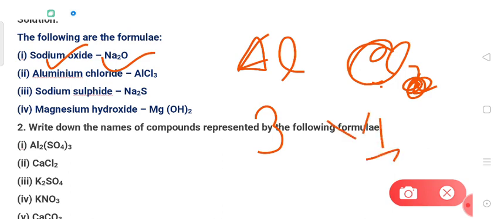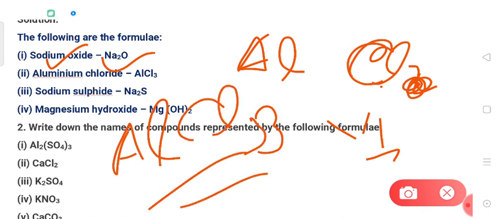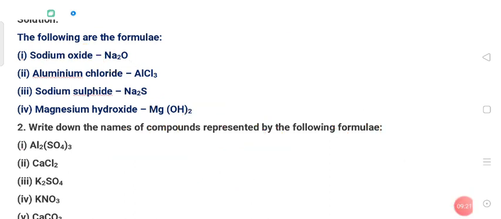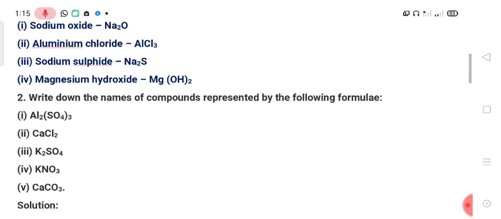We will cross it and we will come to the conclusion, that is AlCl3. So in this way we can write the formulae. In one of the previous videos, a whole procedure of how to write the chemical formula is given. In the same way, sodium sulfide is Na2S and magnesium hydroxide is Mg(OH)2.